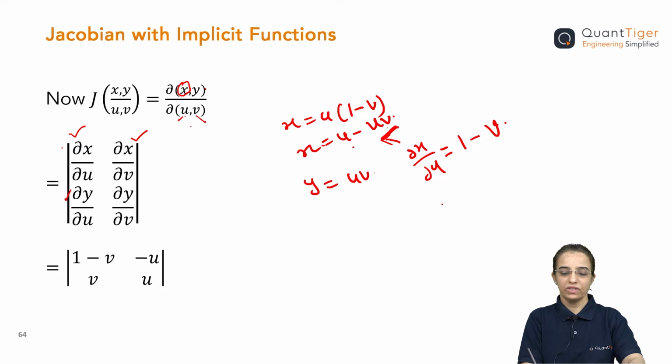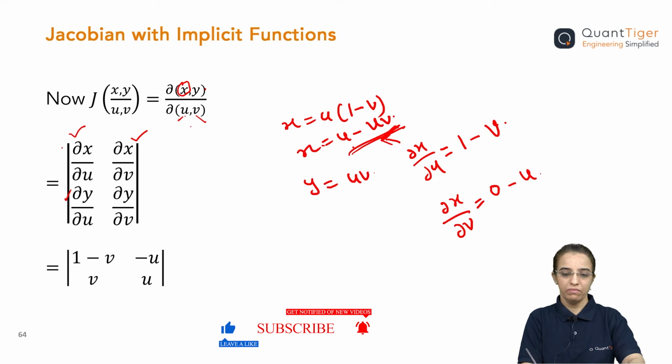Similarly, we can find del x upon del v. With respect to v, we differentiate the equation which we got after expansion. The differentiation of u will become 0, and with respect to v it will become minus u, because v's derivative will become 1.